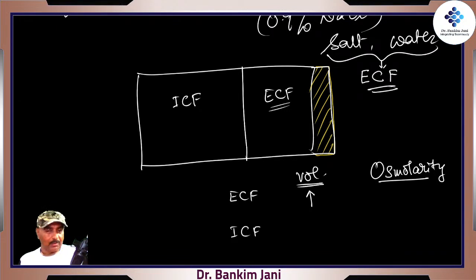If this is 100 ml with 1 spoon of sugar, and this is 50 ml with half a spoon, you mix both of them, taste will remain the same. So that means osmolarity will remain the same. There won't be any change.